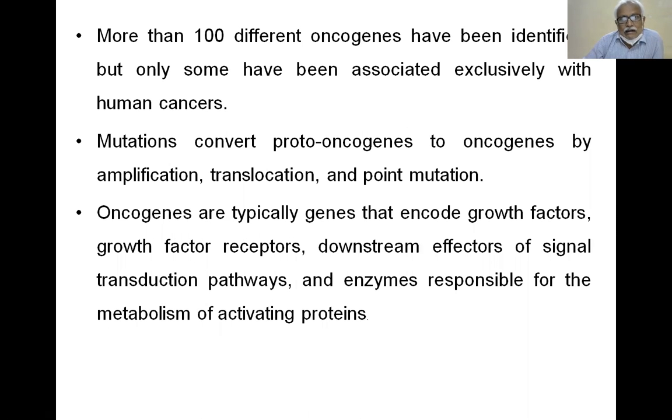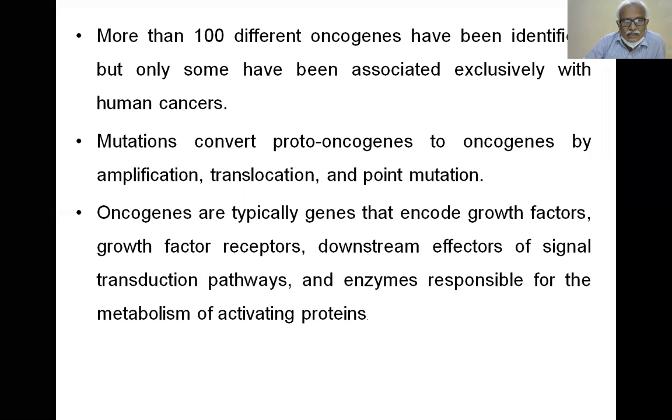So more than 100 different oncogenes are identified. Identification is okay, but they finally established that only some have a good association exclusively with human cancers. So even though there are 100 different oncogenes identified, only some will have association with the human cancers.